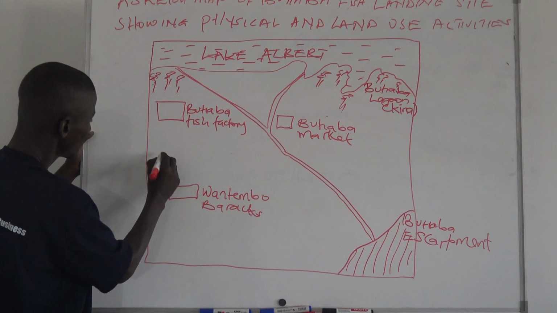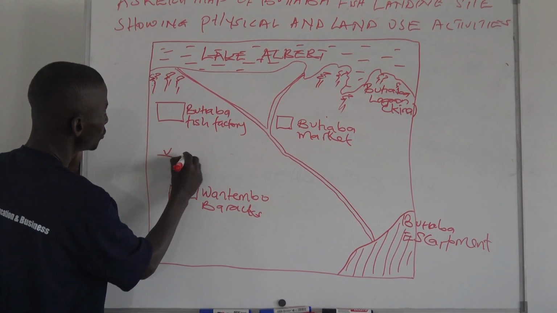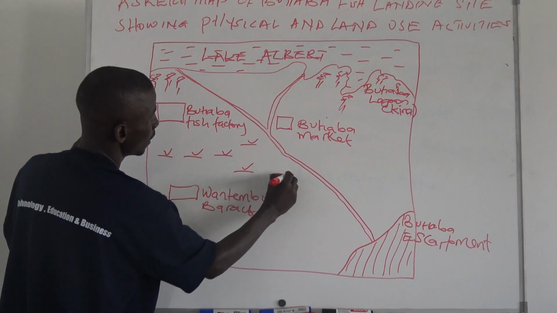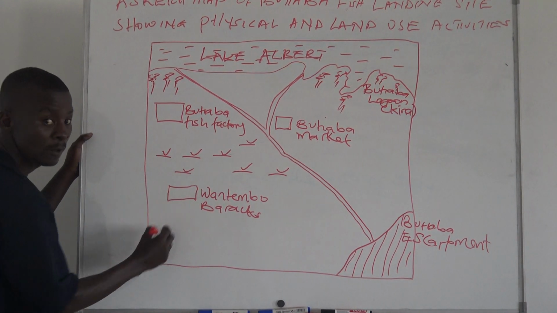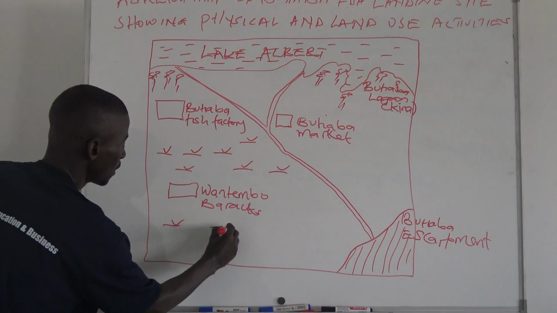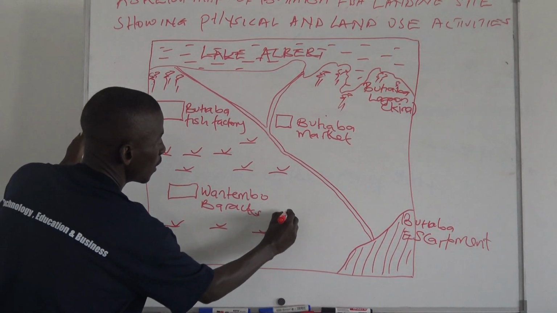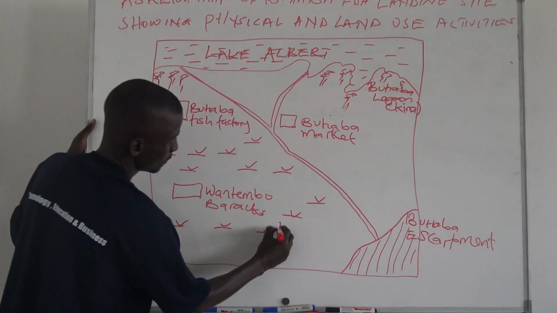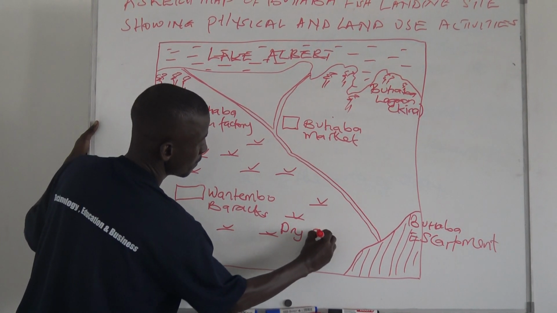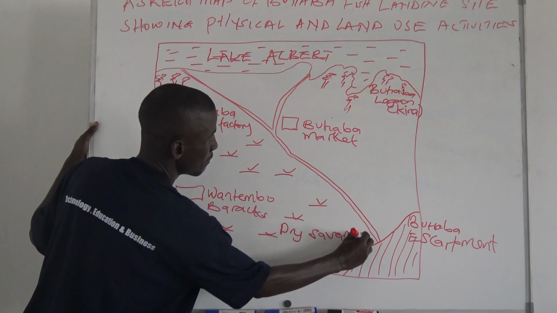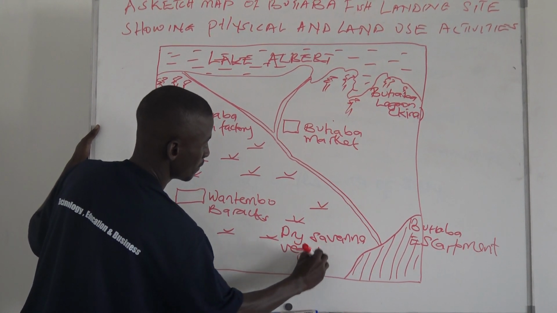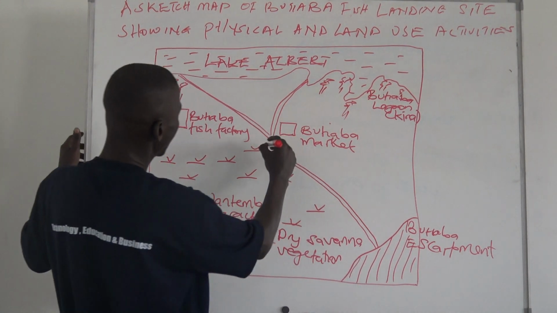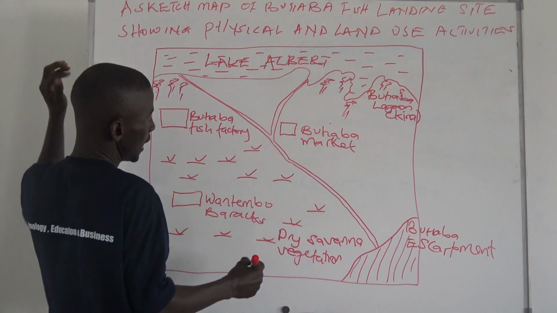And then some dry savanna vegetation. This is a road taking us to the landing site.